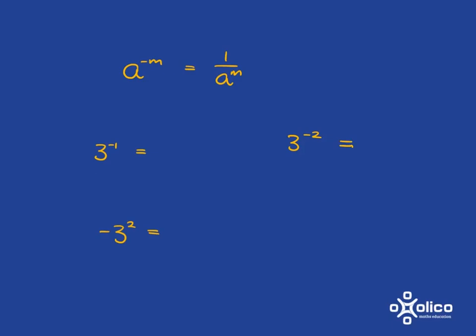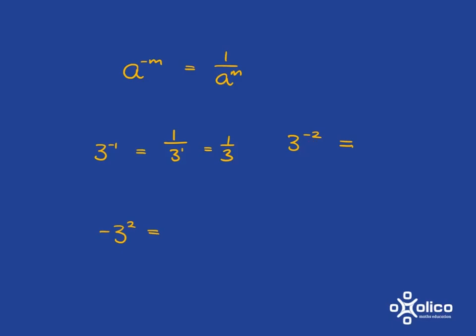Alright, so this one here, you notice that the negative is in the exponent. So it's just playing the role of telling you you must go 1 over 3 to the power of 1, which is just 1 over 3. Again, here, your negative is with the exponent.